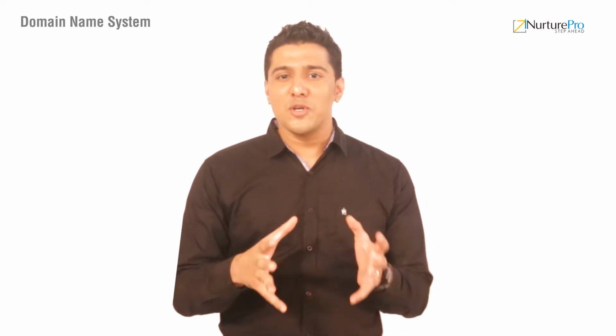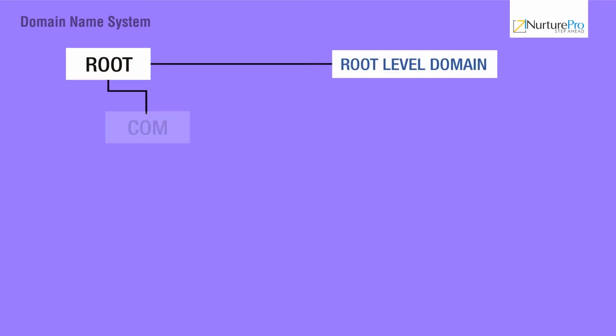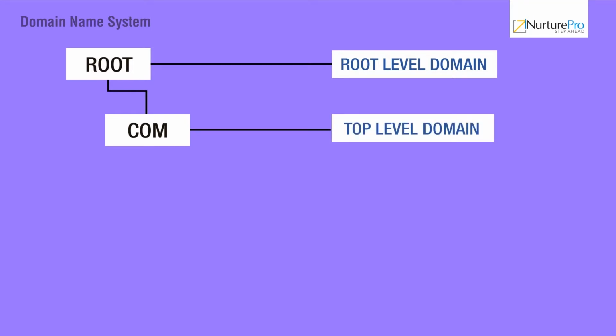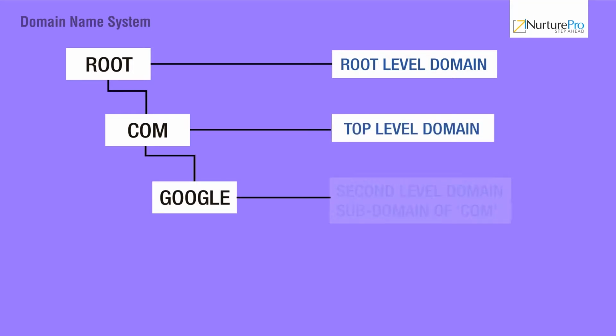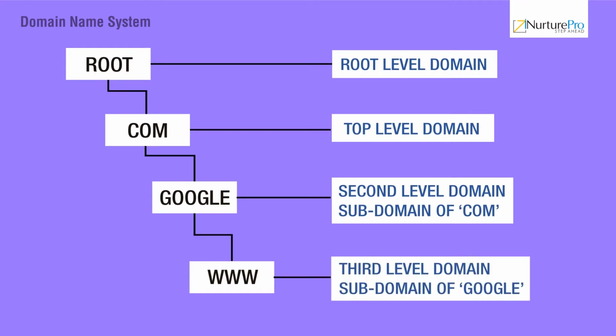The domain name www.google.com represents a fully qualified domain name. This means that dot represents root level domain, com represents top level domain, Google represents second level domain, and www represents sub-level domain of Google, which is the host computer in www.google.com domain.